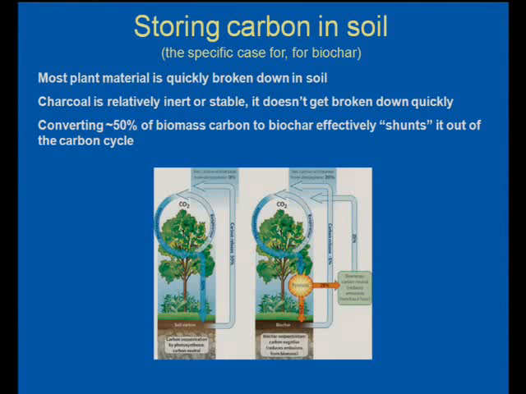And the idea of biochar, which if you do a Google image search for biochar on the web, you'll always come up with this particular diagram.